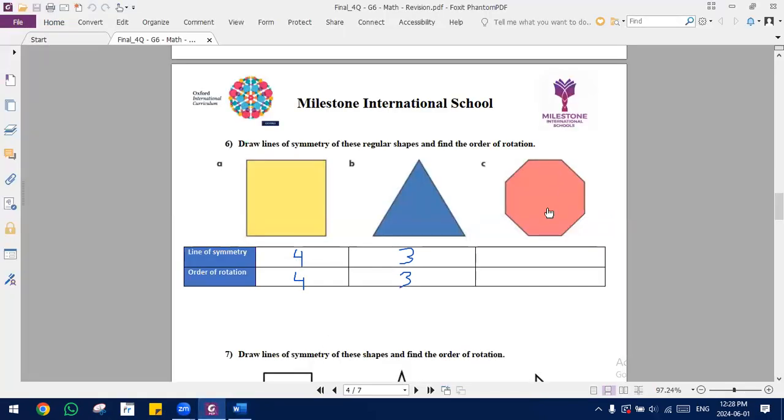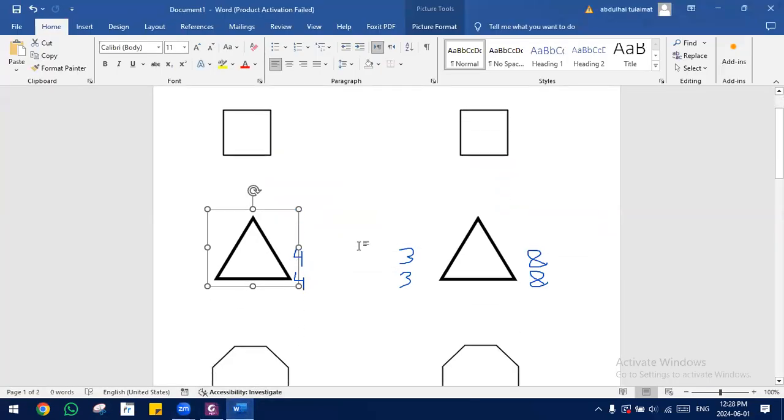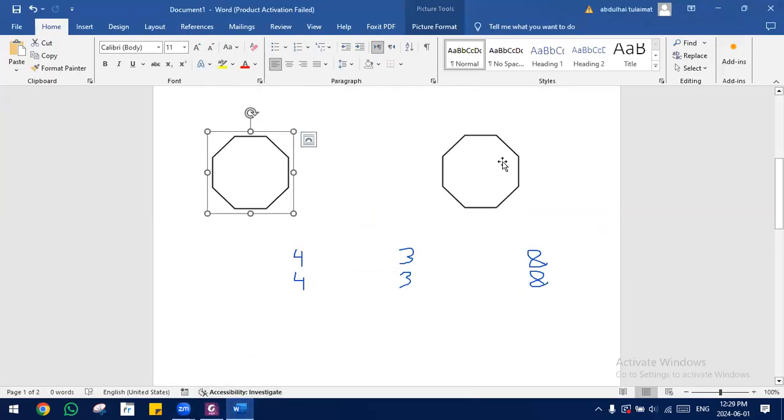Now the last shape we have has 8 sides, which is an octagon. Since it's regular, it means the number of lines of symmetry is equal to the number of sides, and order of rotation is 8. Can we check that? Yes. So this is the original shape.